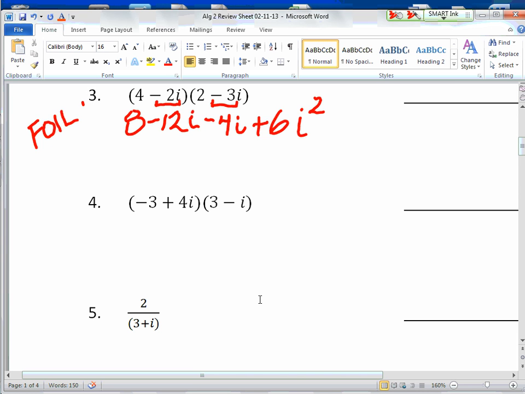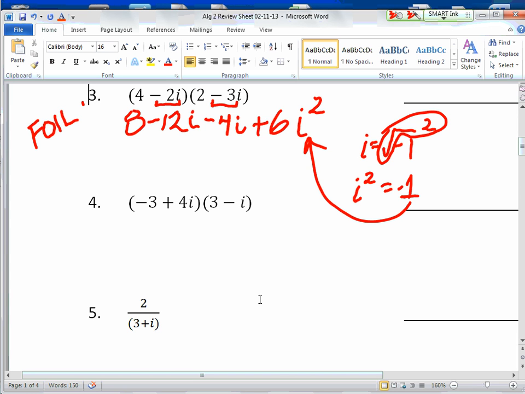So let's think a minute about what i means. i means square root of -1. So if we square this, if we have i squared, squaring a square root magically gets rid of the square root. So i squared is just -1. So we have to plug that in here. When we do that, we'll get 6 times -1, which is -6.